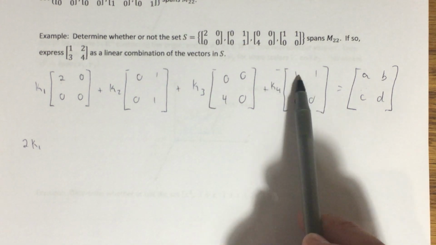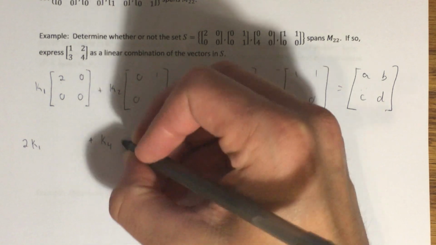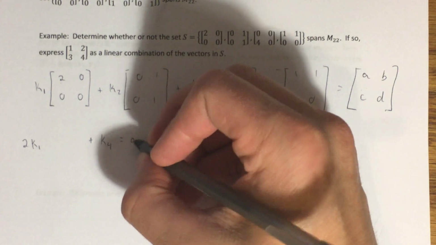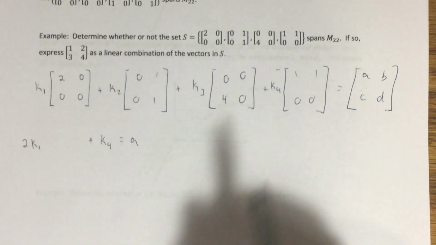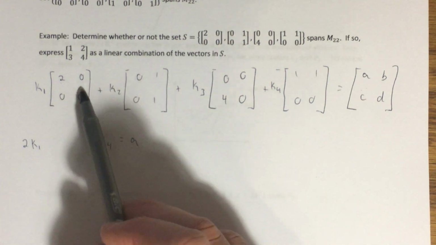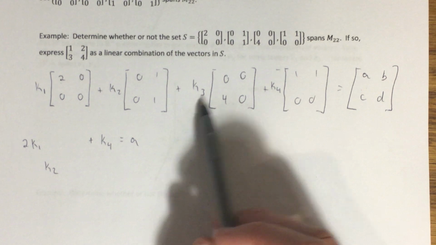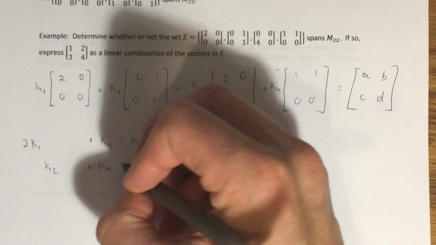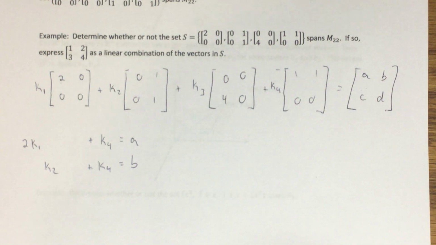And then multiplying this K4 in, I'm going to have plus K4, and that's going to equal the first entry here, A. That's where that A should come from, just those first entries. If I do this for the remaining entries, so for example, I'm going to have a 0, a K2 here, a 0, and a K4 there. That should equal the first row, second column entry, B.